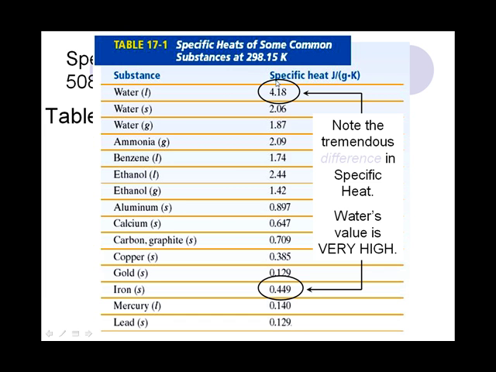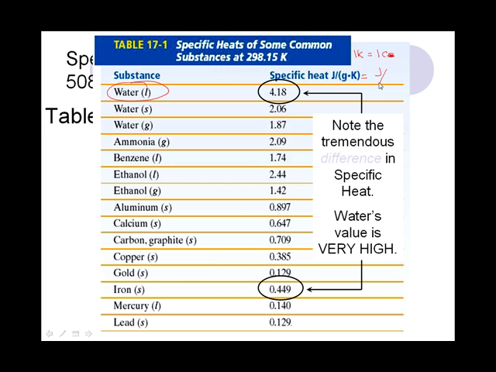Over here is my liquid water. And liquid water has a specific heat capacity of 4.18 joules for every gram for every degree Kelvin in this case, which is the same thing, because 1 degree Kelvin is equal to 1 degree Celsius.